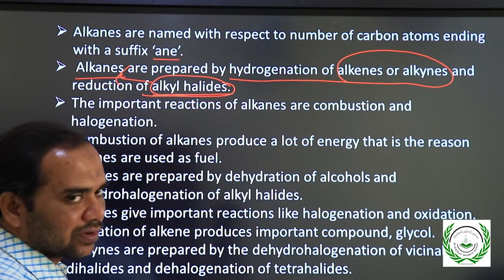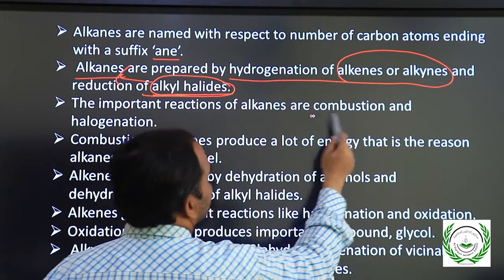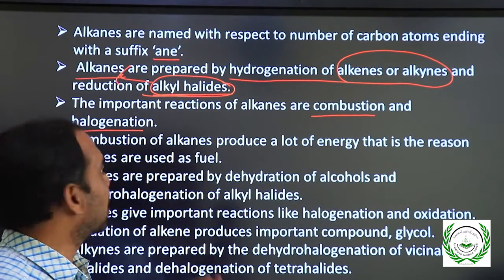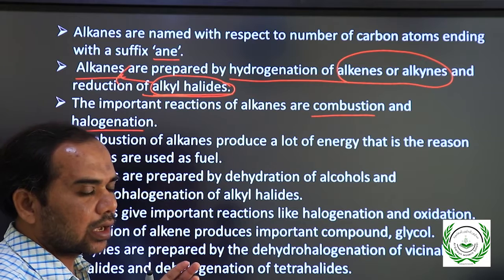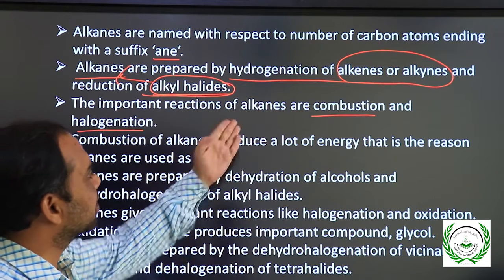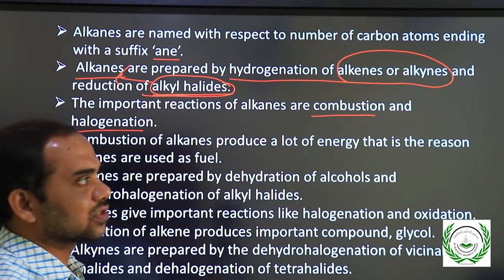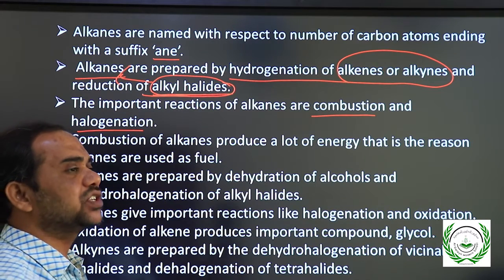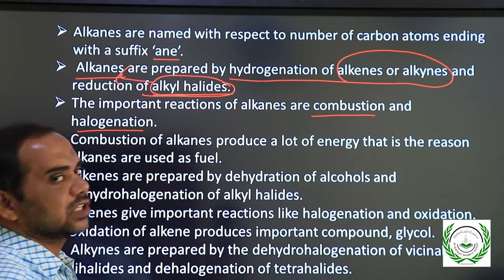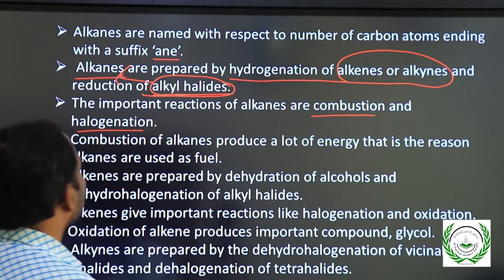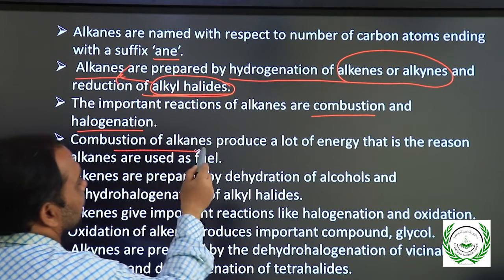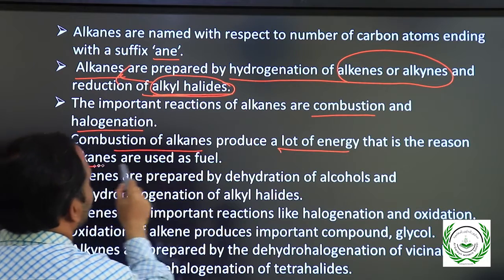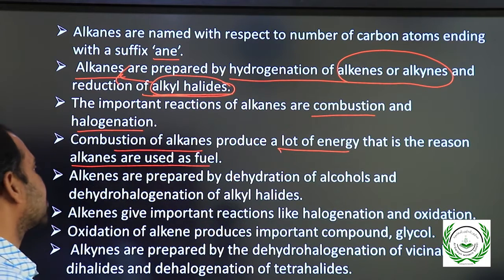The important reactions of alkanes are combustion and halogenation. Combustion, as we studied, is the burning of an organic or carbon compound, here alkane in the presence of oxygen. Halogenation is the addition of halogen. Burning of alkanes produces a lot of energy, so alkanes are used as fuels.